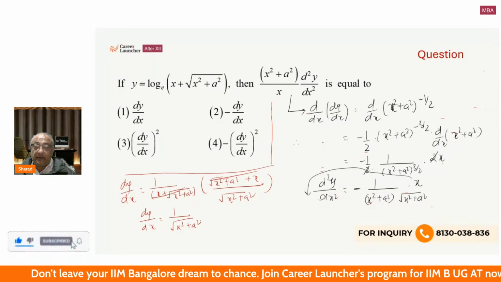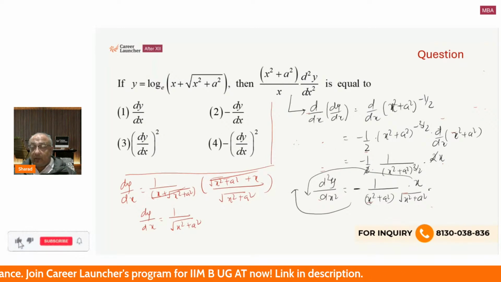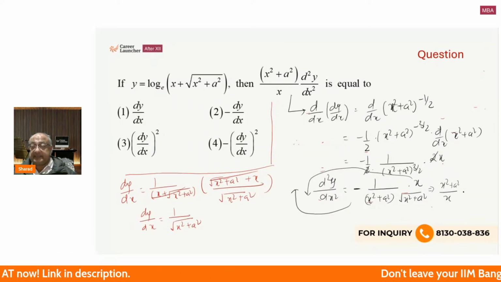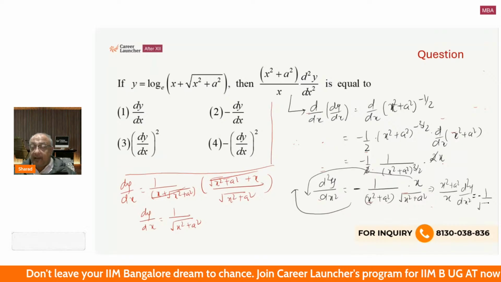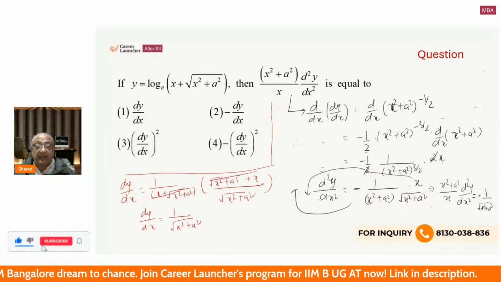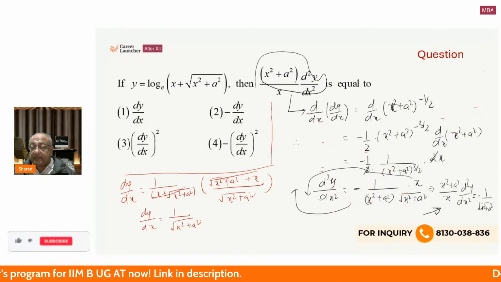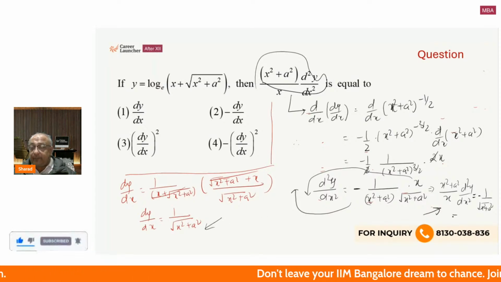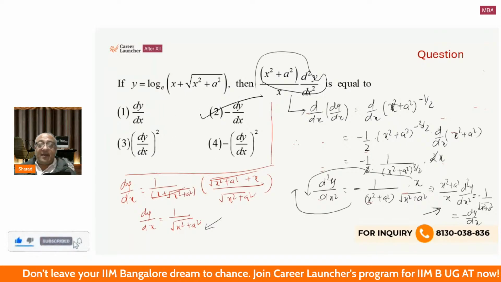This x is going here and this x square plus y square is coming here, and it will be equal to x square plus y square upon x into d2y by dx2, which is the second order derivative, is equal to minus upon under root x square plus y square. Now look at the answer. This value I have to find out, which is here. And from this point, I can put this value minus dy by dx. So this is my answer.